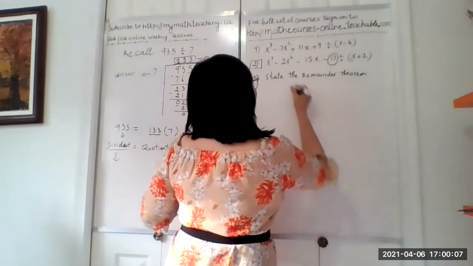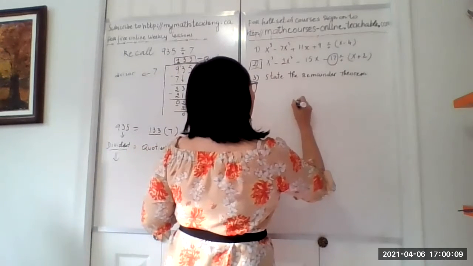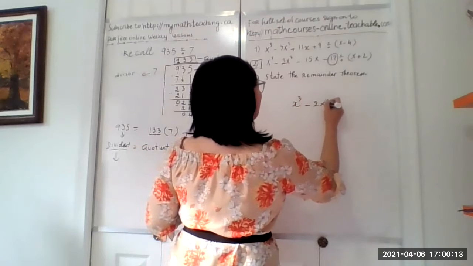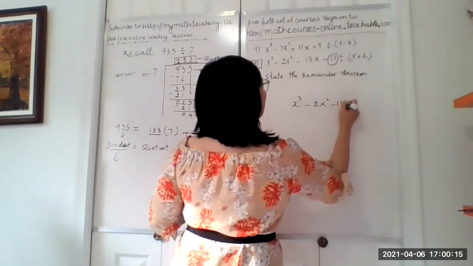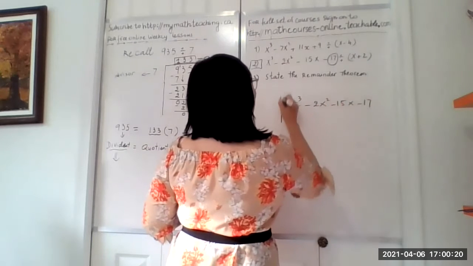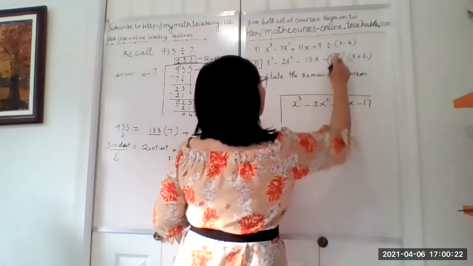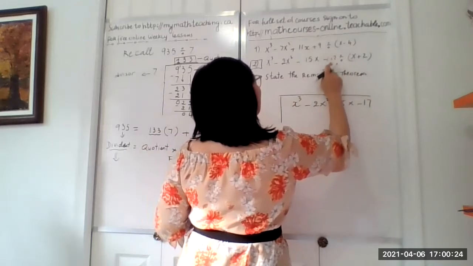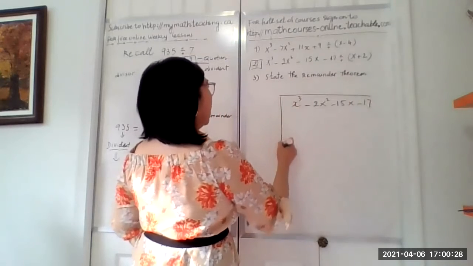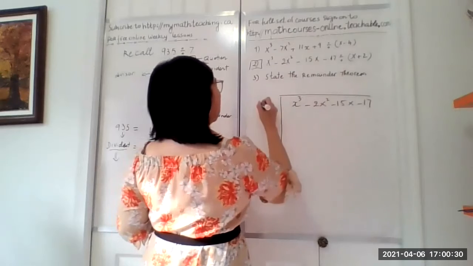Question 2 says we have x to the power 3 minus 2x squared minus 15x minus 17, and we will divide it by x plus 2.